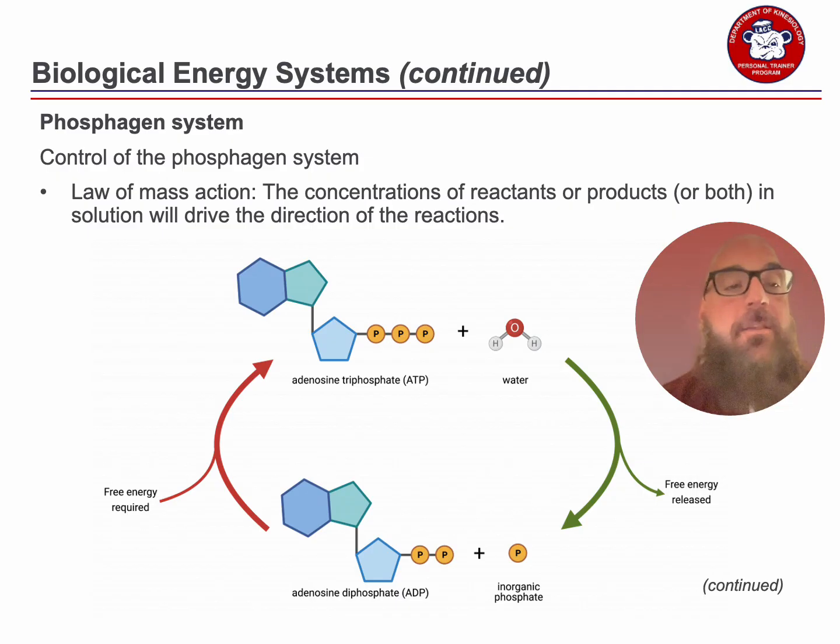But the law of mass action states that the concentrations of the reactants or products or both in solution will drive the direction of the reaction. So if you've blown through all your ATP, you don't have any more, very little. You still have some because you have to function, but you can't recruit nearly as much anymore. And the weight is heavy enough where it's not like you can do 15 seconds of repetitions or greater, right?